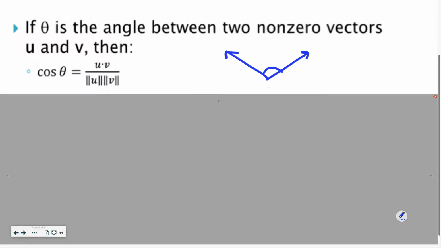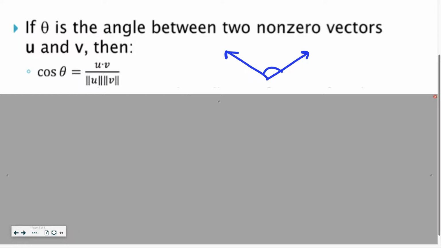What would our angle be if our vectors were parallel? We have two parallel vectors. What would the angle in between them be? I heard a 0. If I have vectors in the same direction, right, they would be parallel, which means their angle would be 0. Is that the only case? 180.